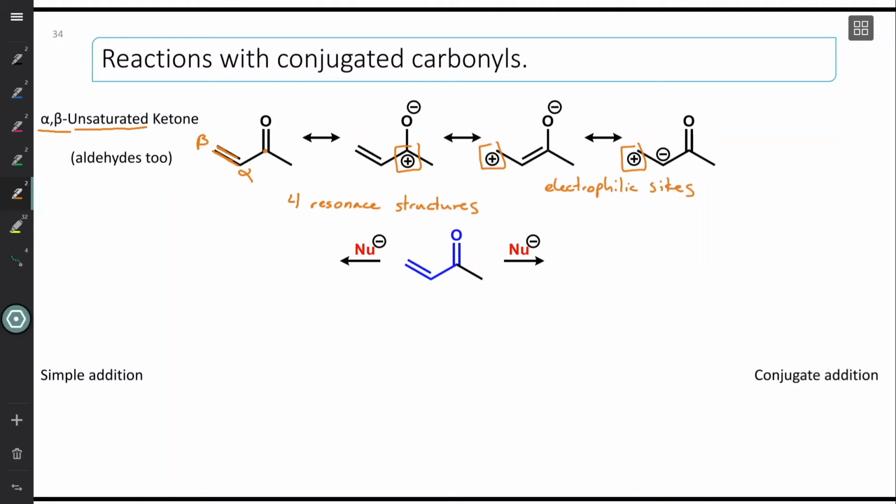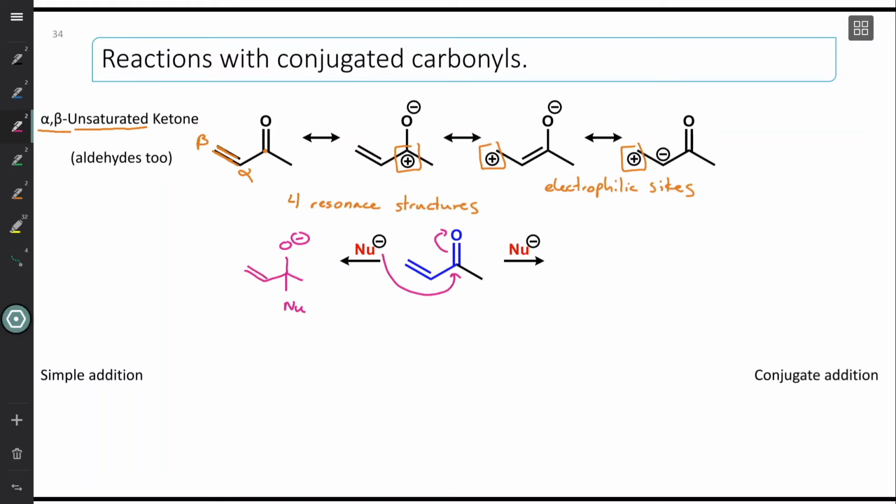So when you add a nucleophile, that nucleophile actually has a choice of where it will attack. If that nucleophile attacks the carbonyl directly, like this, then you get your acyl addition, and then possibly substitution.